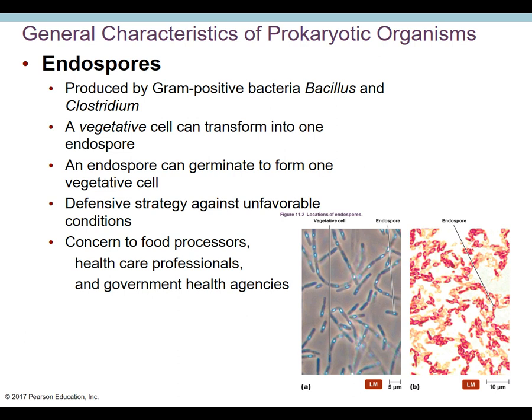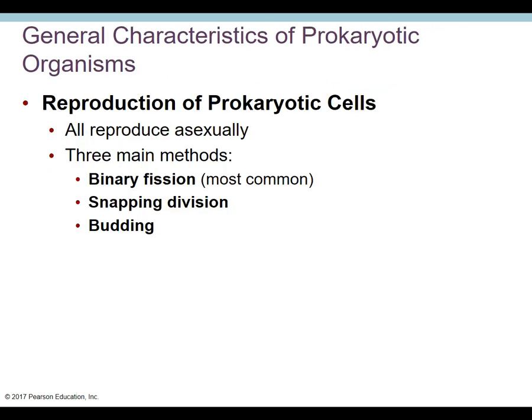So food processors have to worry about that. Healthcare professionals, especially with Clostridium. Clostridium difficile is a secondary infection that does cause problems for patients. And of course health agencies in general.